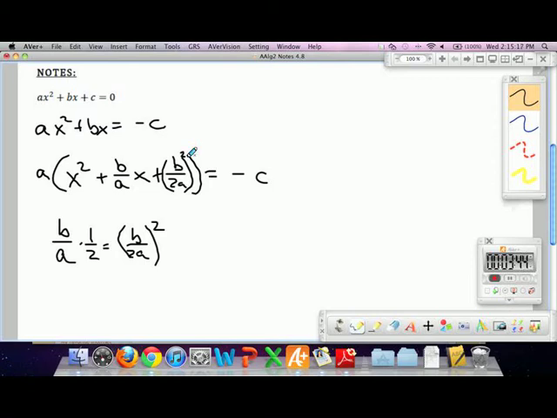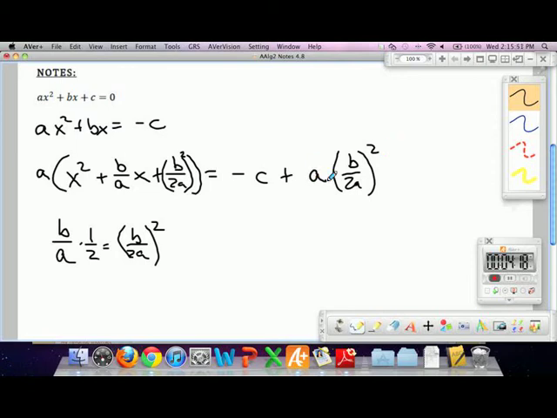So if I added this on the inside, what did I really add to the left side? Completing the square here, folks, is what we did yesterday. I added a times this. Let me put it in two steps so it's more apparent.